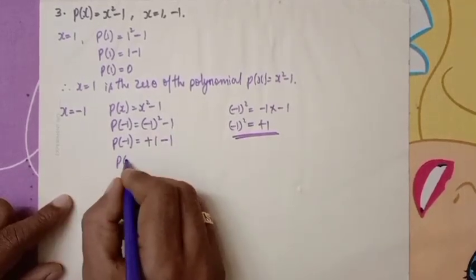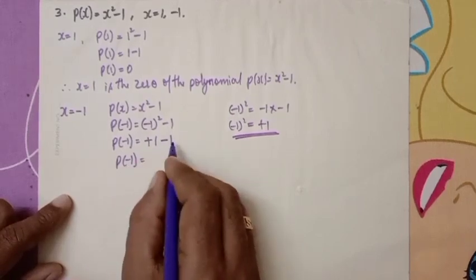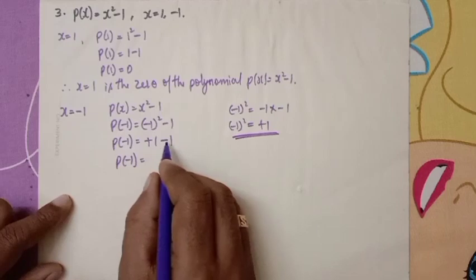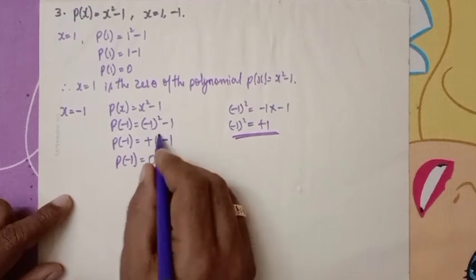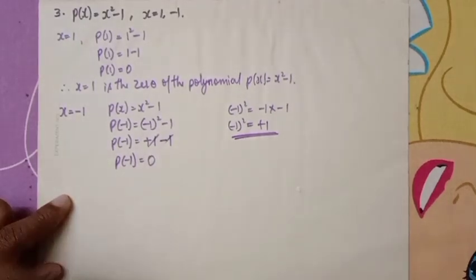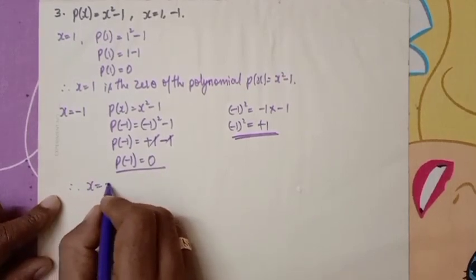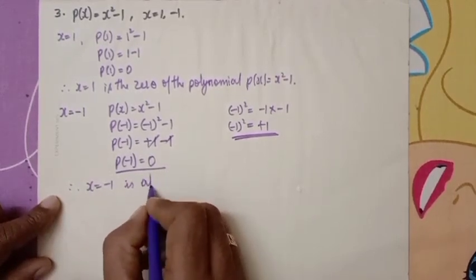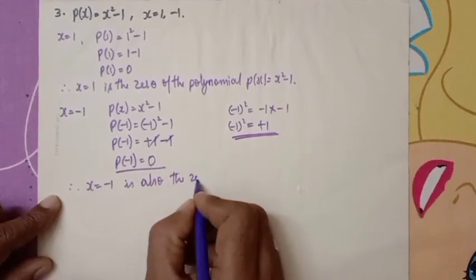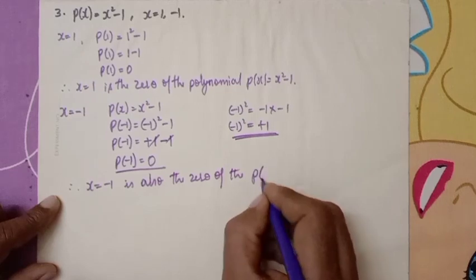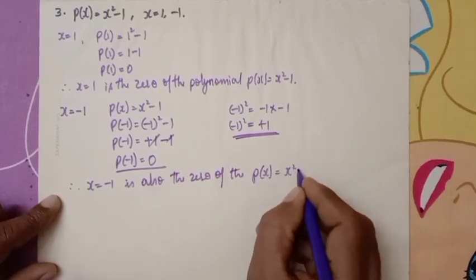So P of minus 1 is equal to 1 minus 1, which is 0. So P of minus 1 is equal to 0. Therefore, x is equal to minus 1 is also the 0 of the polynomial p of x is equal to x square minus 1.